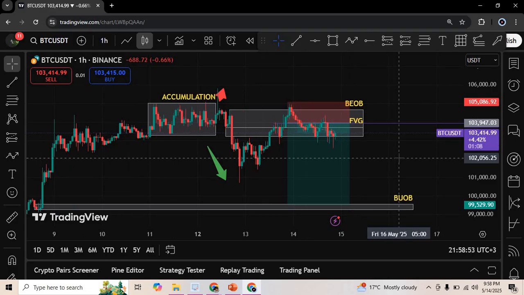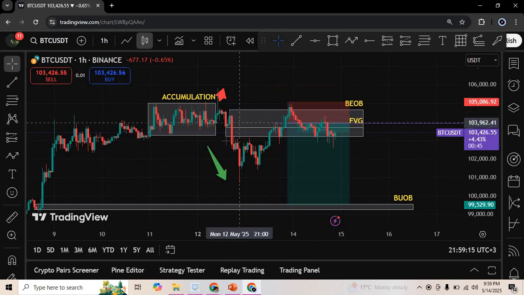The next confluence that we saw in this chart. Levy? Valley gap. Yes, right here.